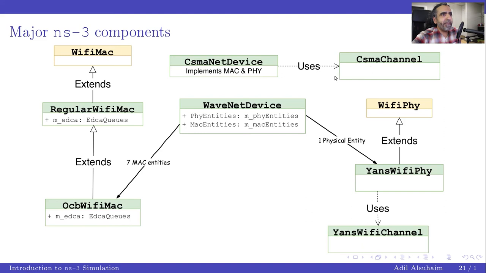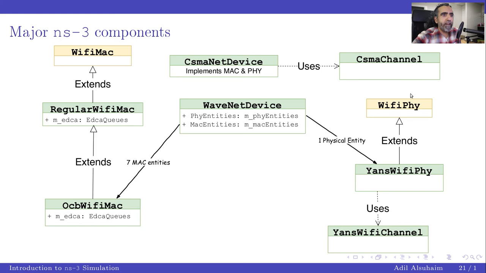There's also a channel. So basically, when you have net devices, two net devices are connected to each other. And what governs that connection, basically the propagation delay and stuff like that, is in each corresponding channel object. For example, for a CSMA net device, which is the Ethernet, there is something called CSMA channel.